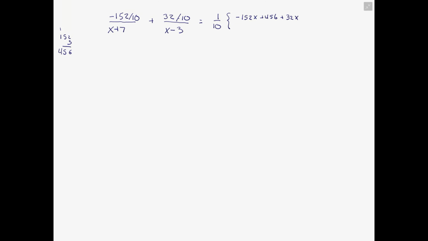So that is plus 456. Okay, plus 32x plus 32 and 7 is 224, all over x plus 7 times x minus 3.